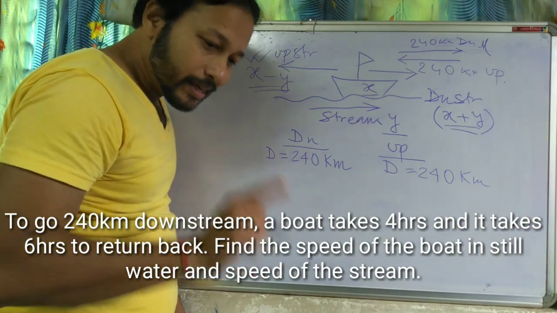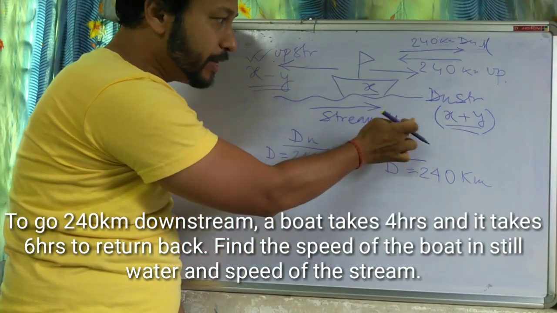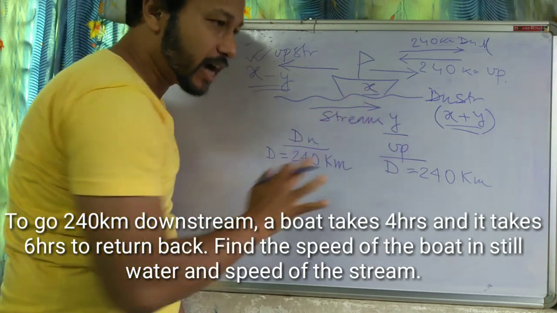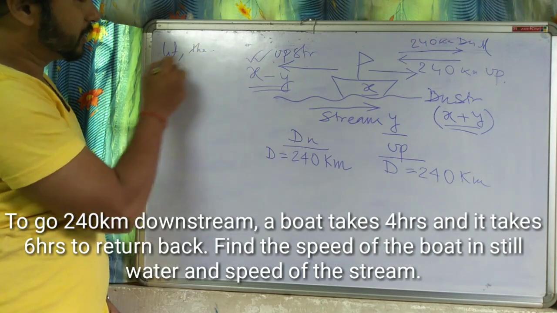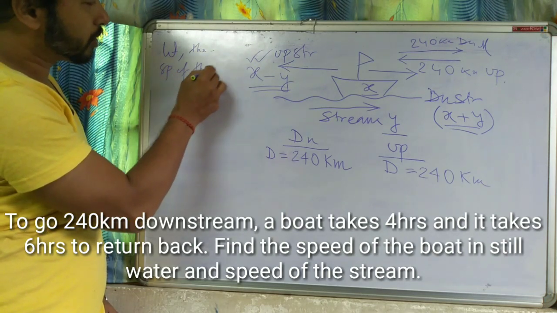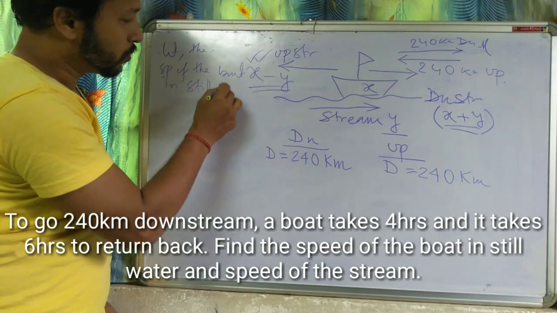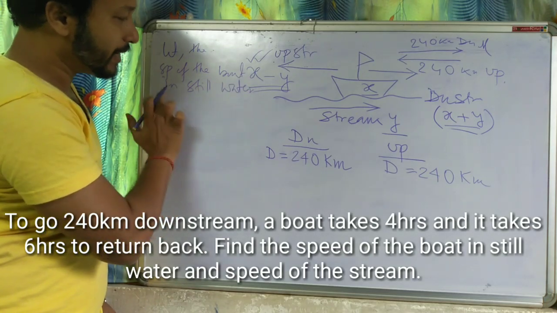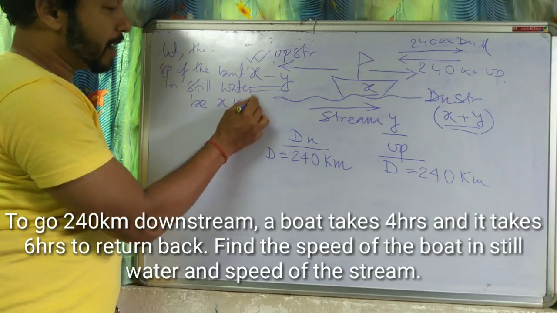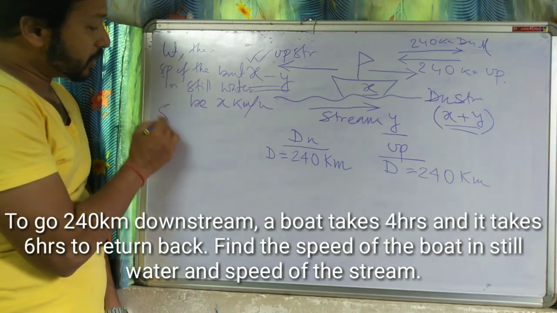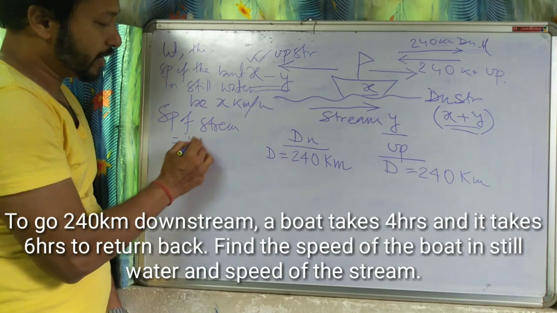Now, in this question, the speed of the boat and the speed of the stream are both not given. So first of all, we write: let the speed of the boat in still water be x kilometer per hour and the speed of the stream be y kilometer per hour.